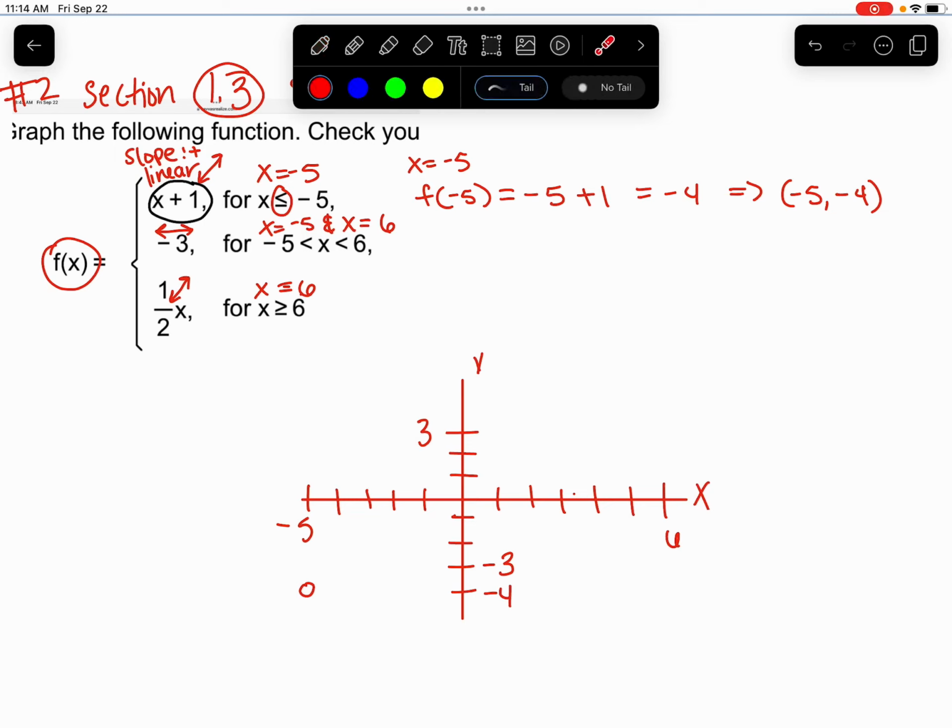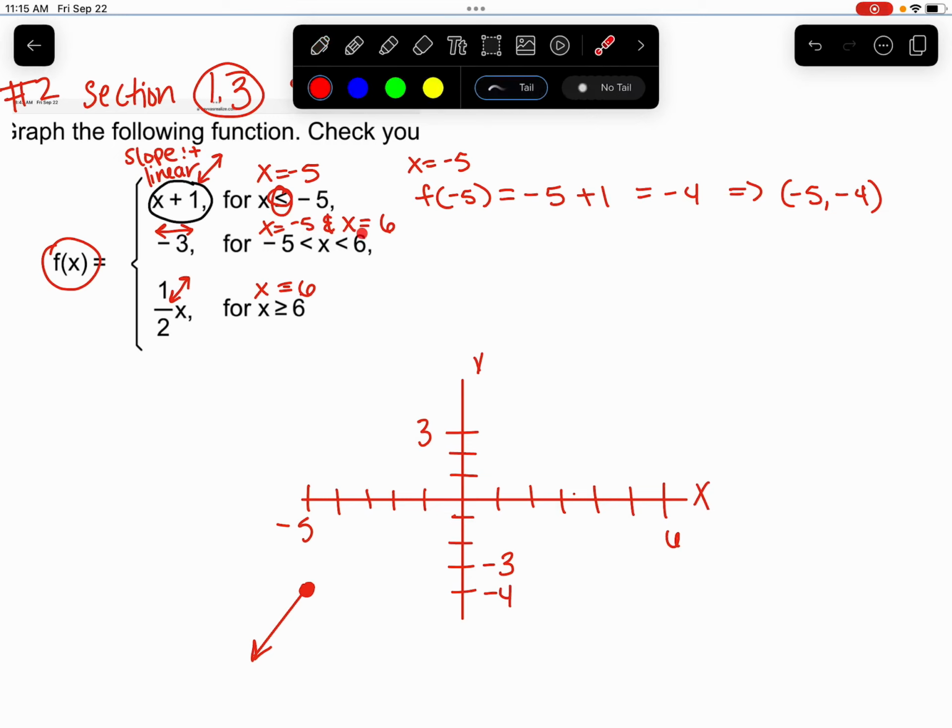Since it has a line underneath it with the inequality, we're going to fill it in. The inequality is pointing to the left, so that means we're only going to graph the left side. This is just a sketch. Left side.